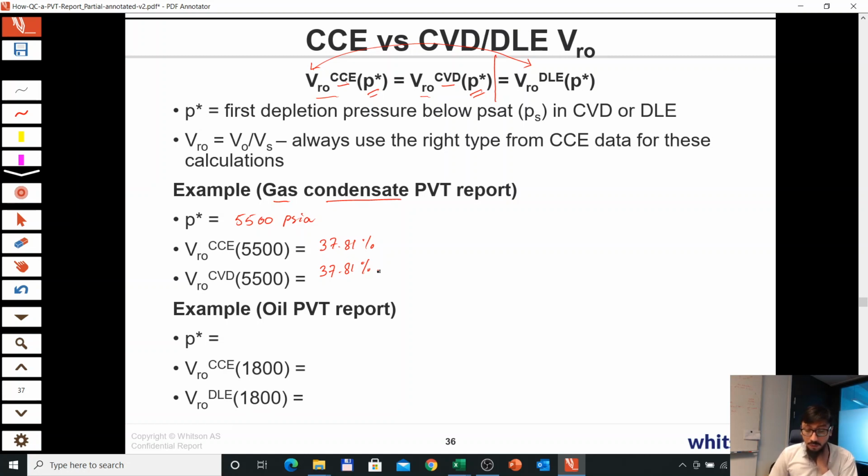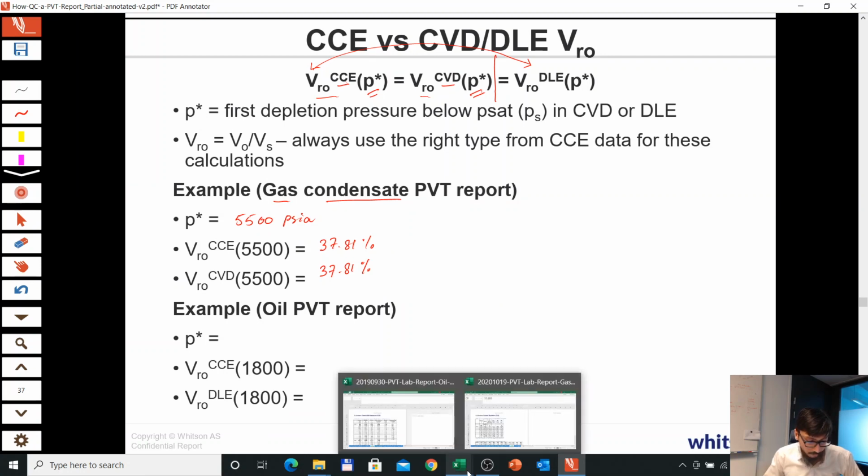And there, of course, the most important factor is the experience working with these kinds of problems. Now we go to this oil PVT report, and this exercise is a little bit challenging, but not too much. Again, we find the P star value.